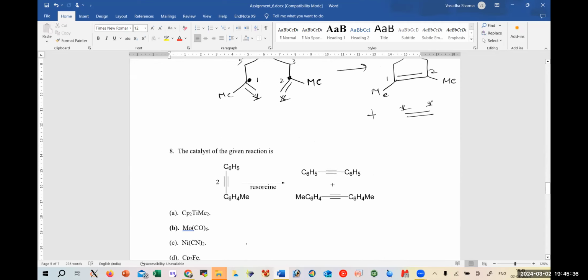Now we have the catalyst of the given reaction. Here again, if you see C6H5, they are combining together to give you this product. If I'm taking this molecule, this also we have discussed, C6H4Me, C6H4Me. So they both will combine together.